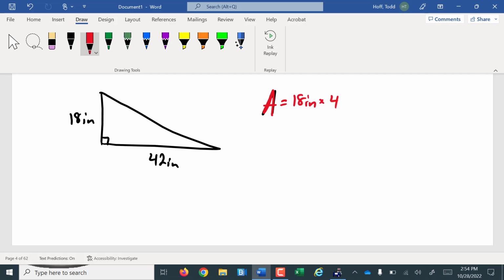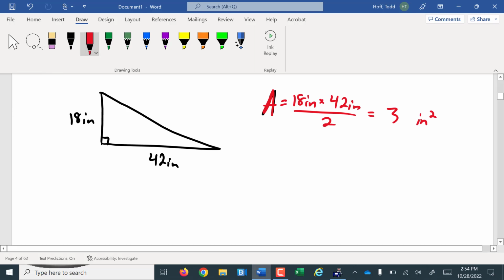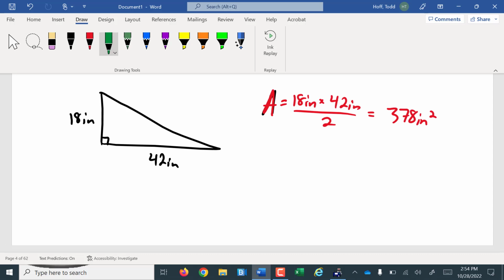Perfect. 18 times 42 divided by 2 because it's a triangle. So what is that? 369, I believe? 378? Oops. Yeah, you got me there. That's for sure. 378 square inches. Now, if I want that in square feet, what do I have to do?